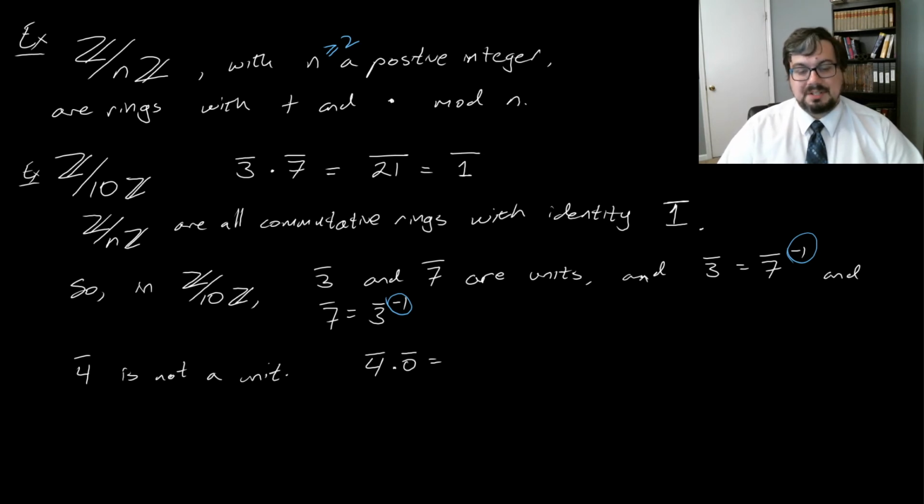4 bar times 0 bar is 0 bar. Well, we knew that because 0 bar is going to be the additive identity.